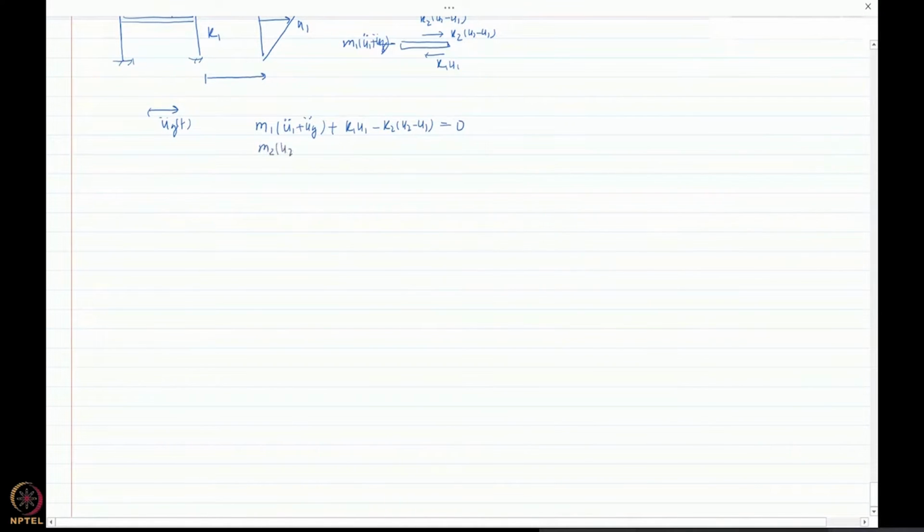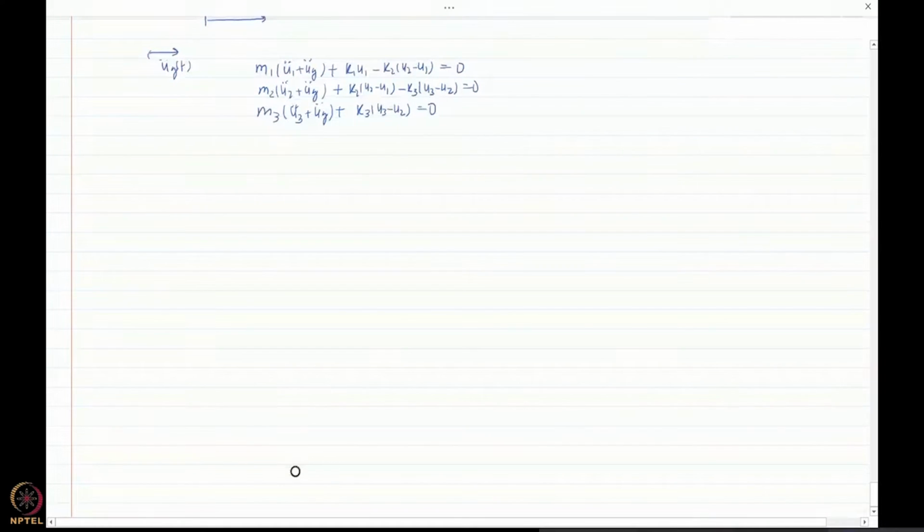Similarly, M2 (u2 plus u_g) plus K2 (u2 minus u1) minus K3 (u3 minus u2) is equal to 0. And then the third floor, which is basically M3 (u3 plus ground acceleration) plus K3 (u3 minus u2) is equal to 0.